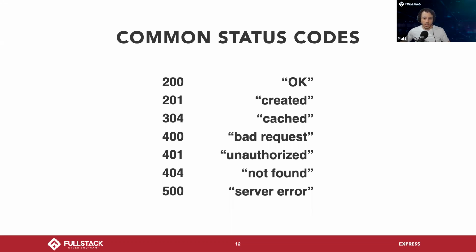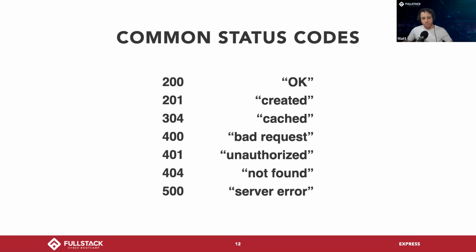So 200 is just okay. 201 means, yes, we created something and it worked. I forget what the other 200s are, but they mean your request was good and the server thinks everything went fine. 300s are different kinds of redirection status codes. 400s usually means the client did something wrong with the request, and 500s means something went wrong on the server side.